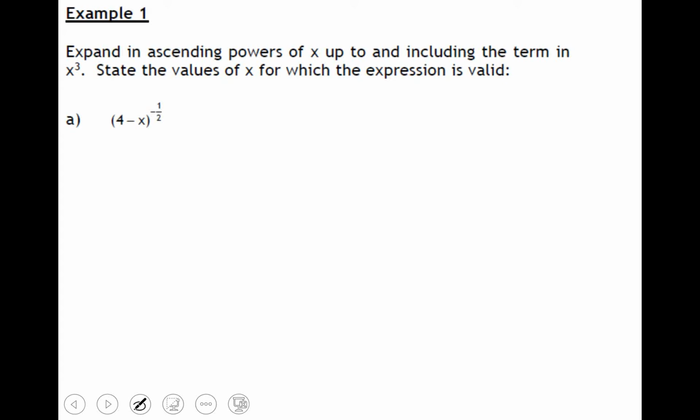So in this example we're expanding in ascending powers of x up to and including x cubed. We start with (4 - x) to the power of minus a half. So what we do is we need to take 4 out. We'll need to raise that to the power of minus a half. And then inside the bracket we'd get (1 - x/4) to the power of minus a half.